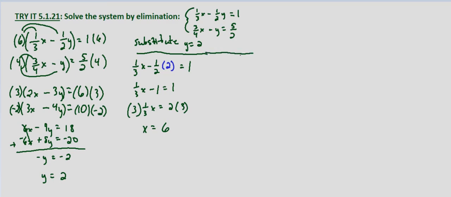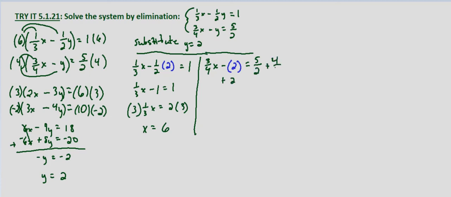Now let's substitute it into the other equation as well, just to cross our t's and dot our i's. So 3/4 x minus 2 equals 5/2. Add 2 to both sides.